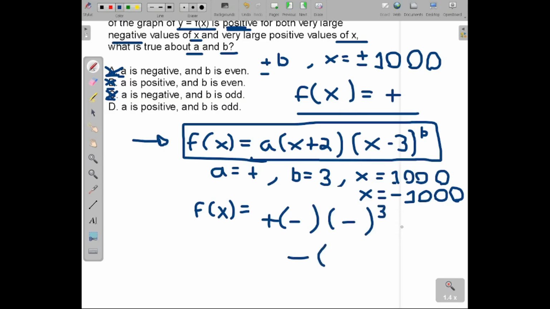Negative to the cube is negative times negative times negative. Negative times negative is positive. Positive times negative is negative. So negative times negative is positive. And yes, that's true. So the right answer is D.